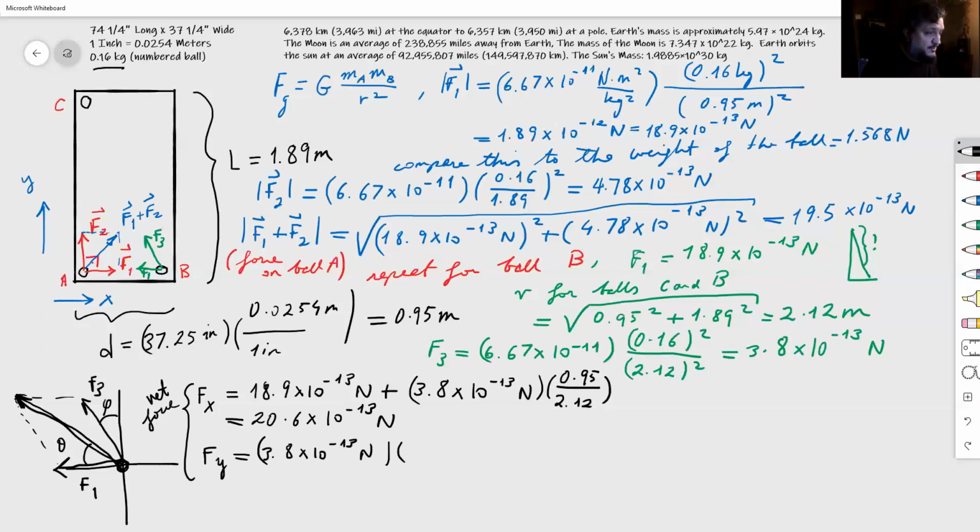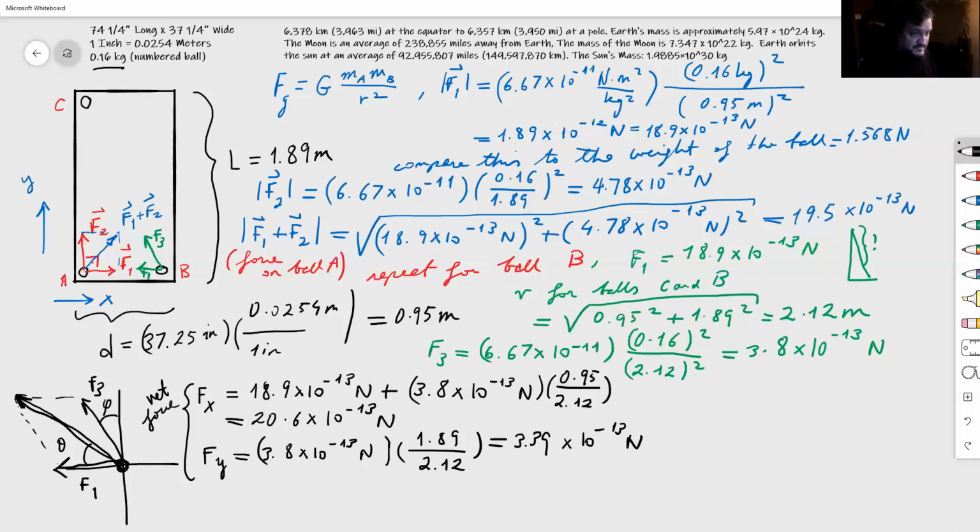Cosine will be 1.89 divided by 2.12. 3.39 times 10 to the negative 13 newtons.